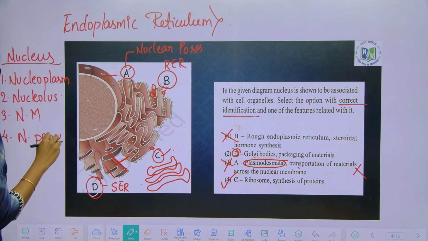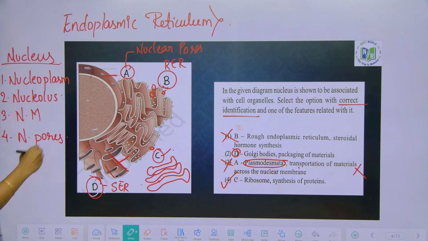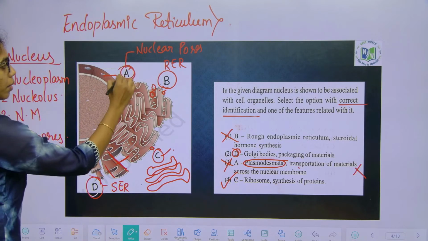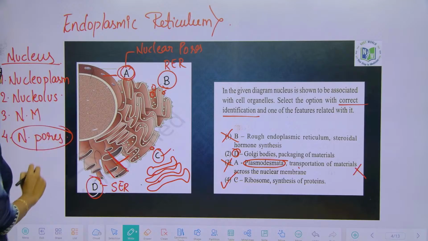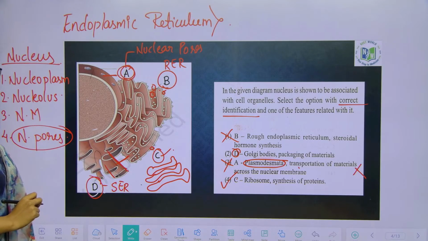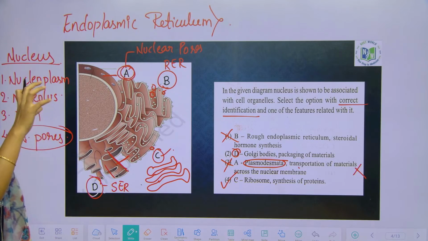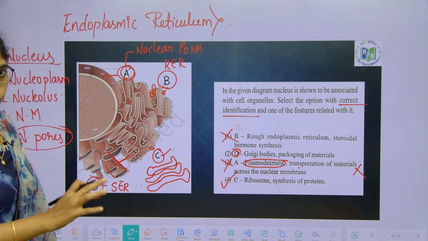These are the 4 components. Got it? And here in this diagram you can clearly see nuclear pores which are involved in the transport of materials, ions or molecules from the nucleus to cytoplasm or vice versa.